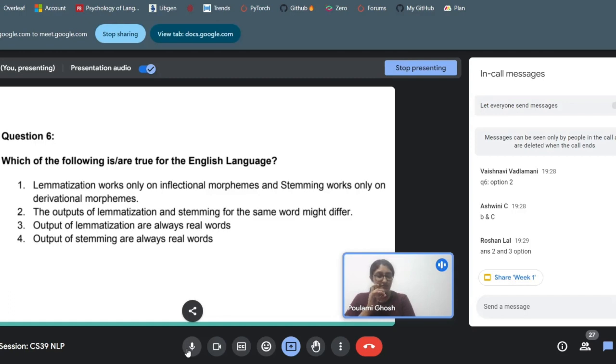How about Ashwini? You have said the answers are B and C. Would you like to comment on why you think these are the correct answers?